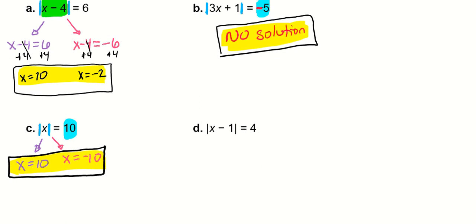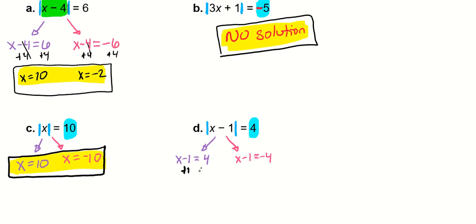Let's take a look at one more example. Here we have the absolute value of x minus 1 equals 4. We see that the absolute value is by itself. There's nothing on the outside of it. If we look across the equal sign, we see a 4, and it's a positive number, so we know we can do this problem. Again, some of the people inside think that everything is fine, but some of the people inside think that it's still a mess and there's zombies outside, leaving us with that negative 4.